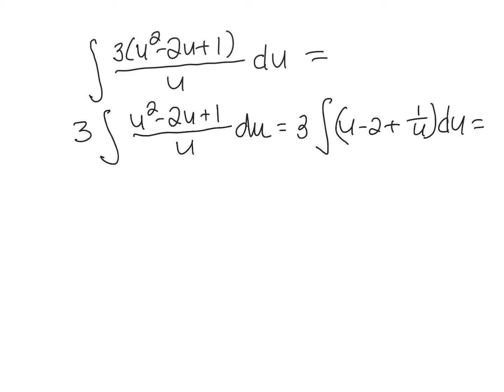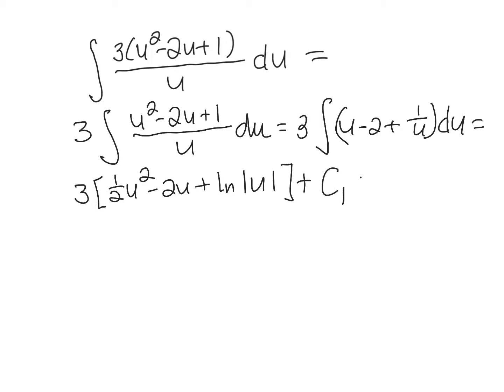These are 3 basic integrals. So this is 3 times 1/2 u squared minus 2u plus the natural log of absolute value of u, and let's call the constant c1. So this is 3/2 u squared minus 6u plus 3 natural log of absolute value of u plus c1.